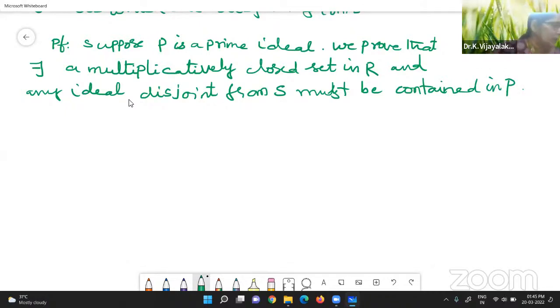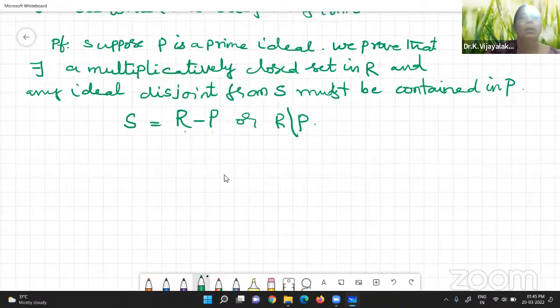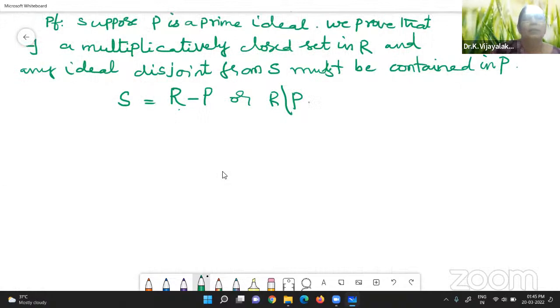For that, what will we do? We take S equal to R minus P, which contains elements that are in R but not in P. If you take S like this, it will satisfy the requirement because of the prime ideal.